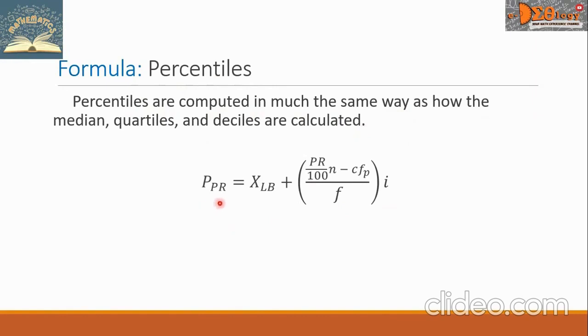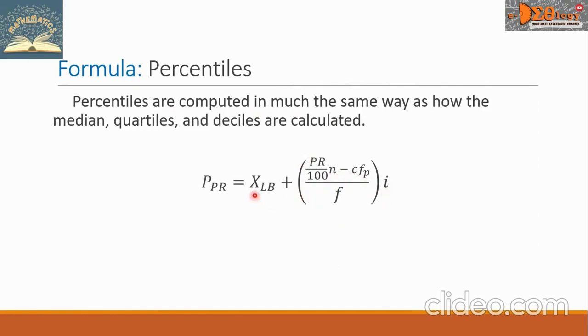P sub PR equals X sub LB plus the ratio PR over 100 multiplied by N minus CF sub P all over F, multiplied by I.